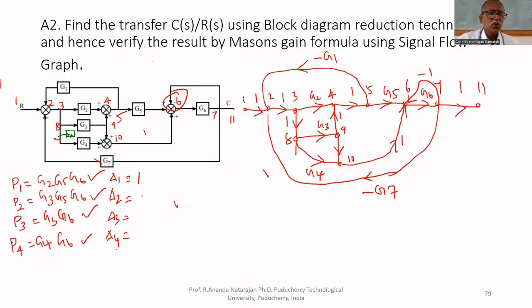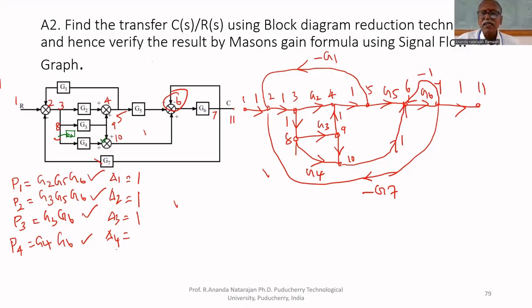Delta 2, G3. The part of the graph not touching the forward path is only 10. No loop is there. That's why that is also 1. Delta 3, G3, G6. Part of the graph is 5 and 10. No loop is there at 5 and 10. That's why that is also 1. Delta 4, G4, G6.